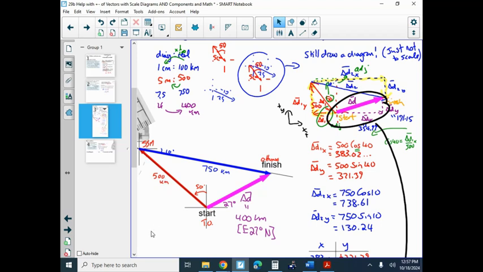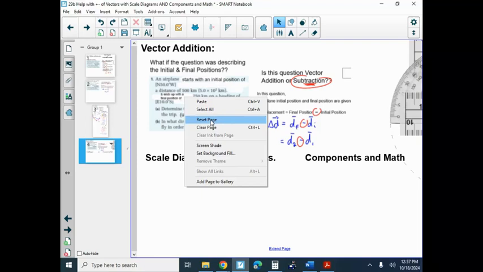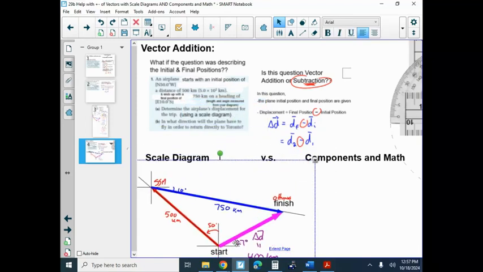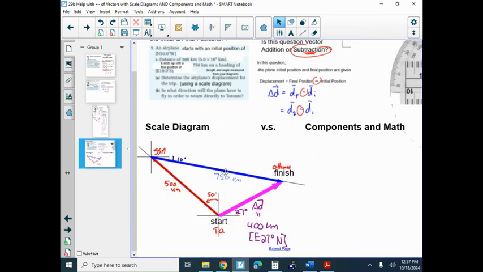So let's try. I'm just going to copy this whole thing, copy and paste in here. So the idea this time is, I just have to ungroup this and get rid of some stuff. This isn't what we're doing anymore. We're not adding them up. Instead, we're saying that we have a start and a finish, right? Oops, I deleted the wrong one.